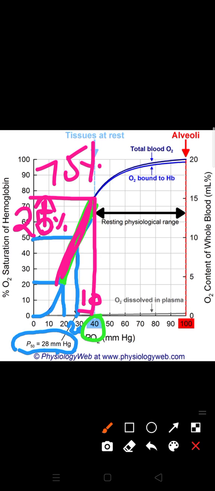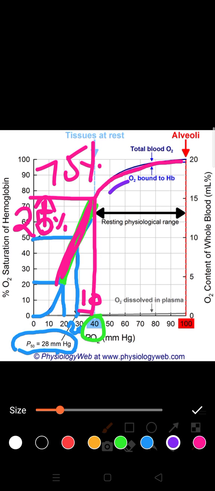Okay, so after 75% saturation, it reduced blood returning from tissues about oxygen, then oxygenated blood leaving to the lungs. It means that in this portion, especially in that portion, if you increase pressure, the affinity is not increasing to that level.